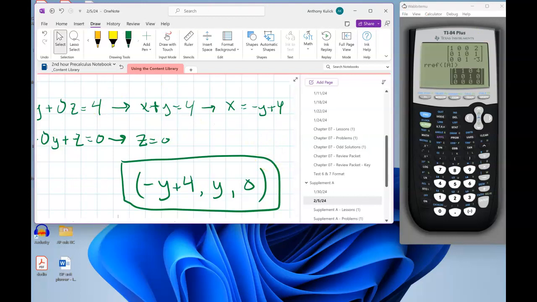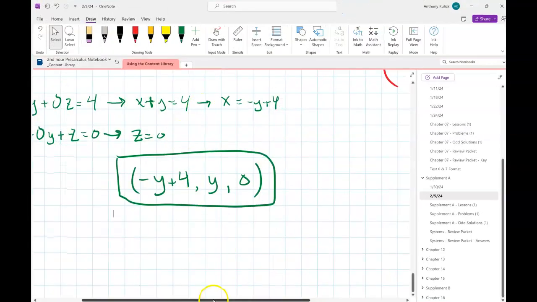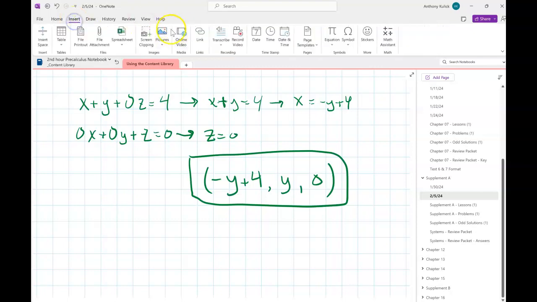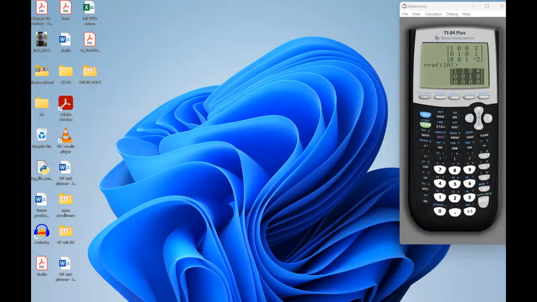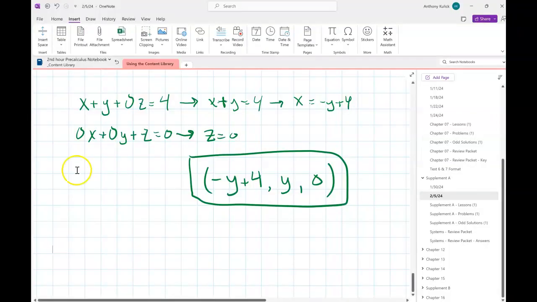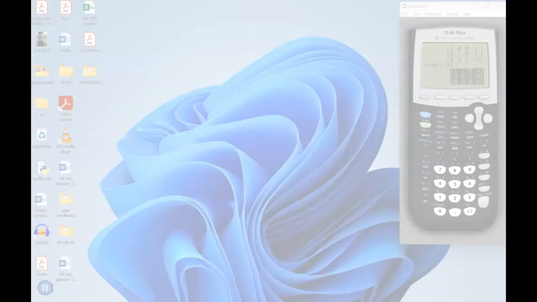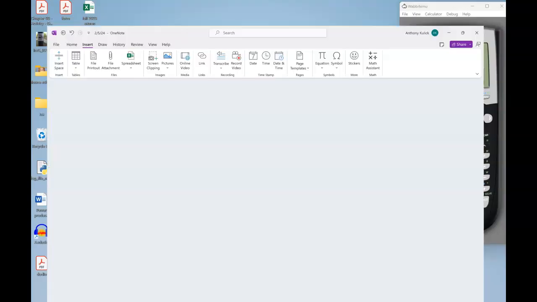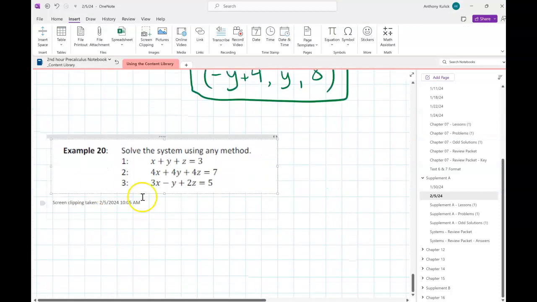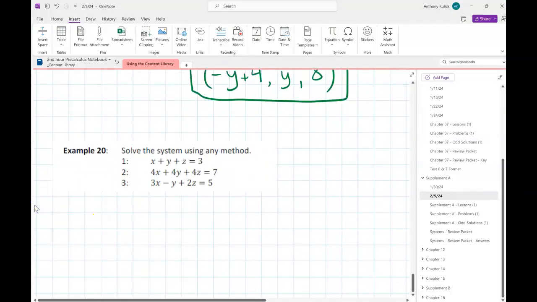Well, let's try another one, right? You guys get your stuff ready. Let me put up another one. We've got lots of time here. This has infinitely many solutions.